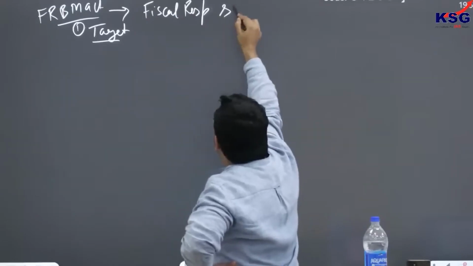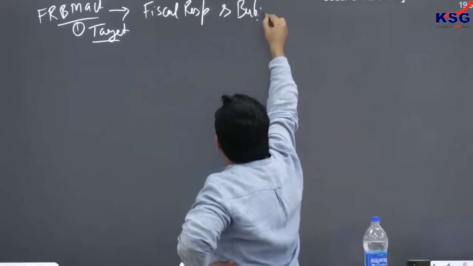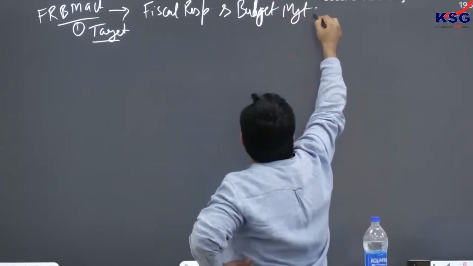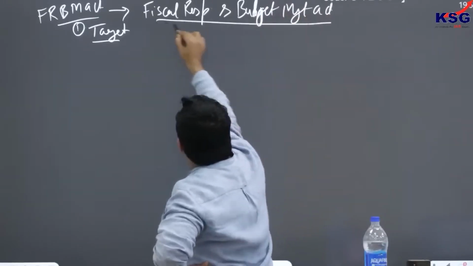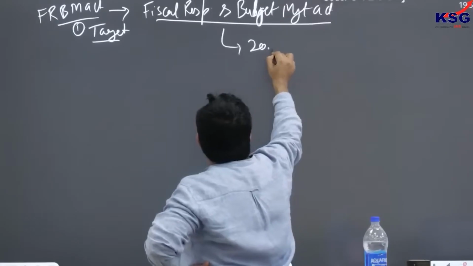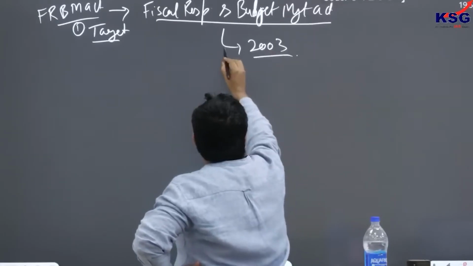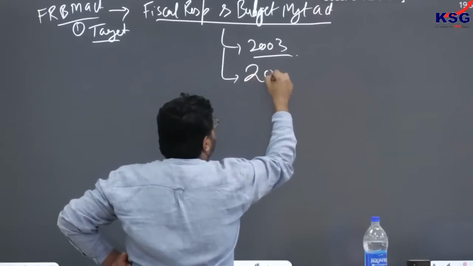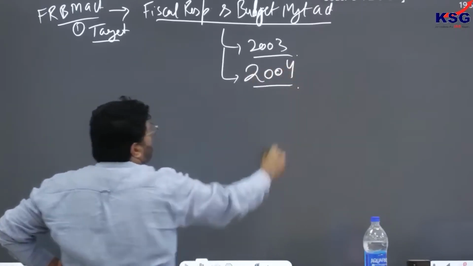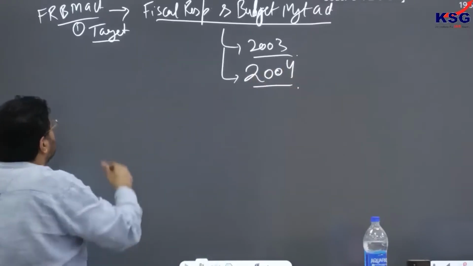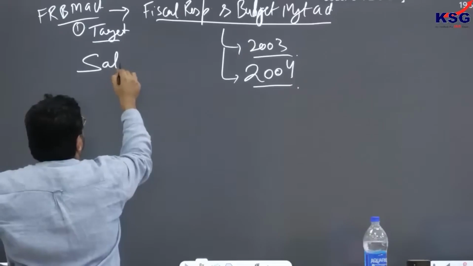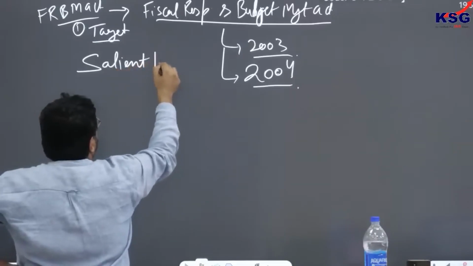This act was introduced in 2003, number 1. And we started implementing it from 2004, number 2. Number 3, this act has some salient features. Now what are those salient features?